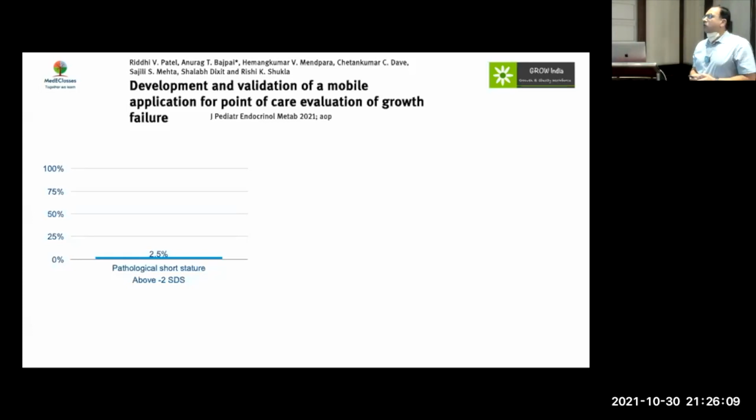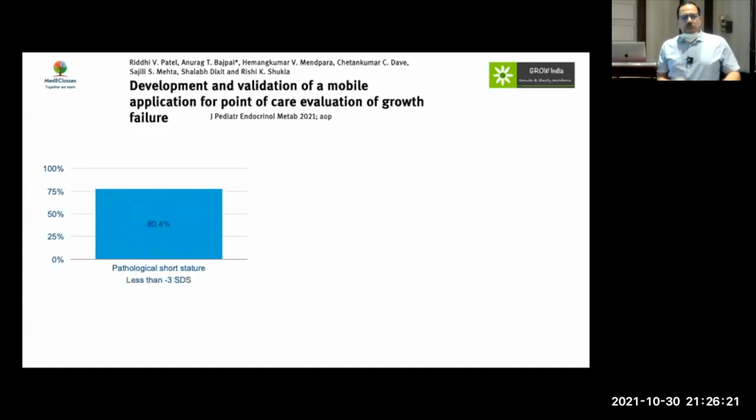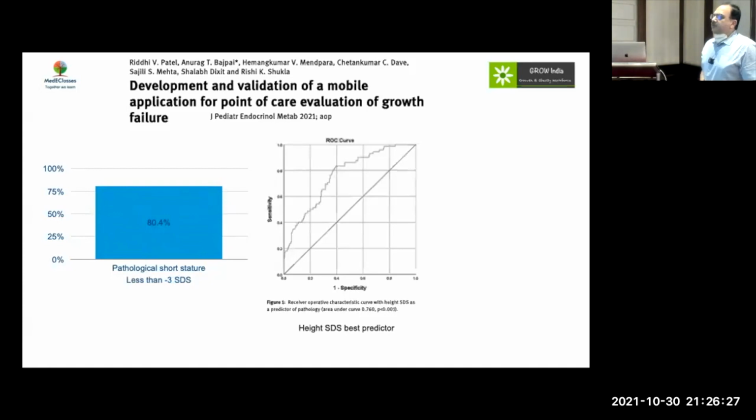So what we found that if height is above -2 standard deviation score, only 1 in 40 child will have a pathology. As it goes below -2, it becomes 1 in 2. So it becomes 20 times more likely to be pathological. And if you really go to -3 and below, it is 80% will have pathology.